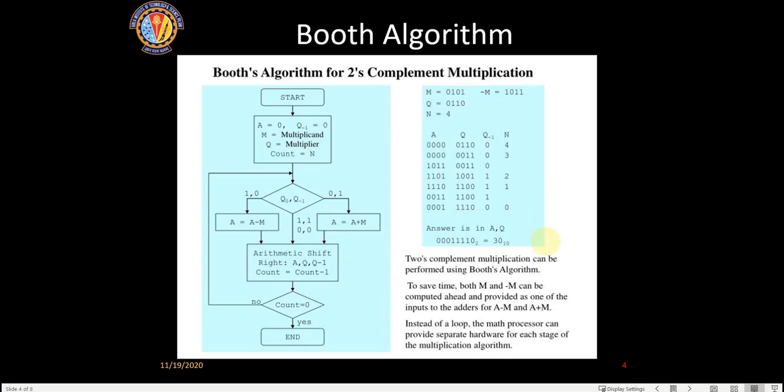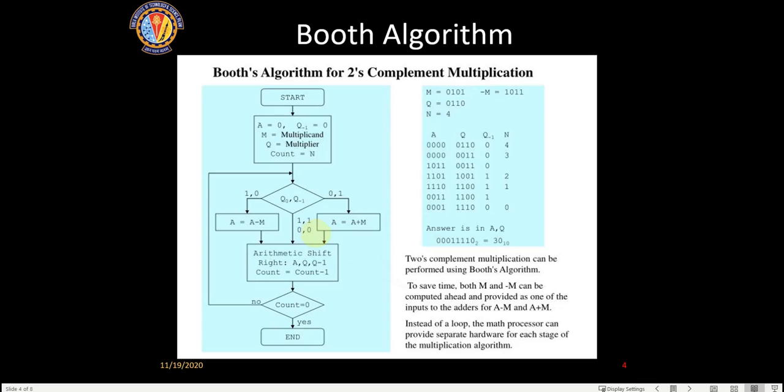I'll take a better example. I have drawn it in an Excel sheet, so that will be clear. If you understand this algorithm, what we are going to do is put the initial accumulator to 0, and Q minus 1, which is an additional register, is also going to be 0. And then we compare Q0 and Q minus 1.